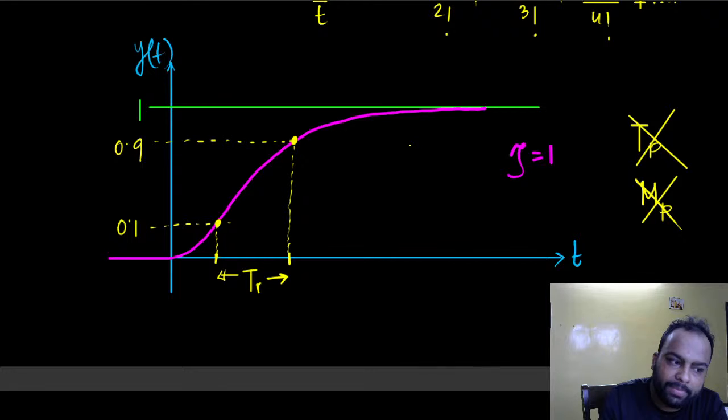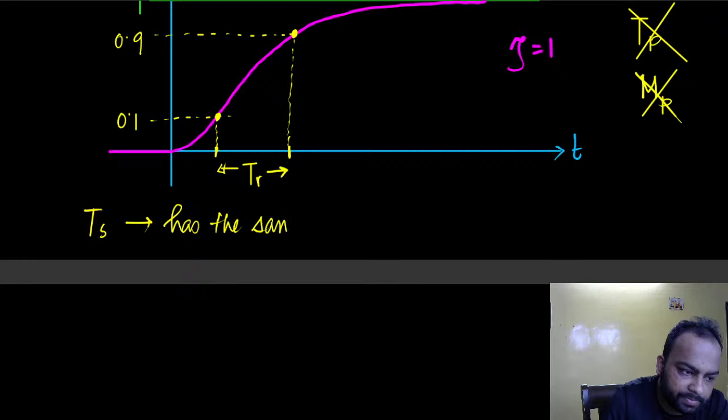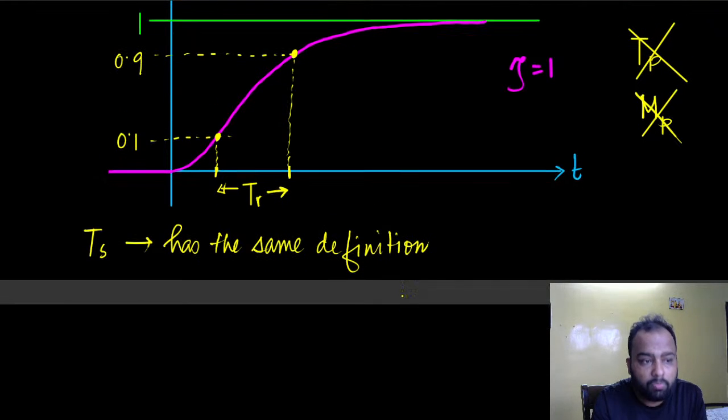What about settling time? Settling time has the same definition as before. TS, the settling time, has the same definition. So what is the definition? How much time it takes for the response to reach a 5% boundary or a 2% boundary about the final value of the response and never leave from there.